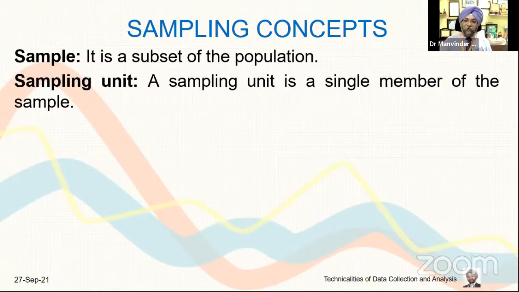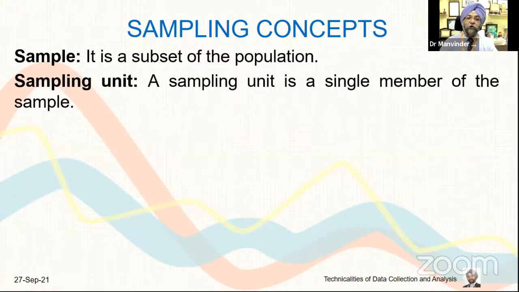So if a sample of 50 students is taken from a population of, suppose, 200 MBA students in a business school, then each of the 50 students will be a sampling unit. Another example: if a sample of 50 patients is taken from a hospital, each and every patient will be called a sampling unit.